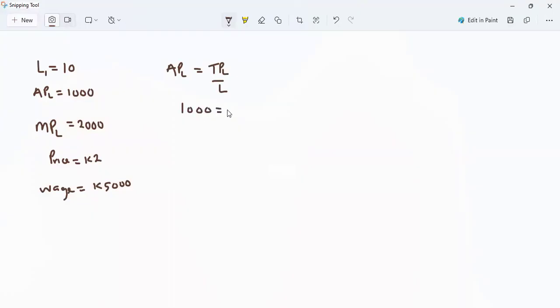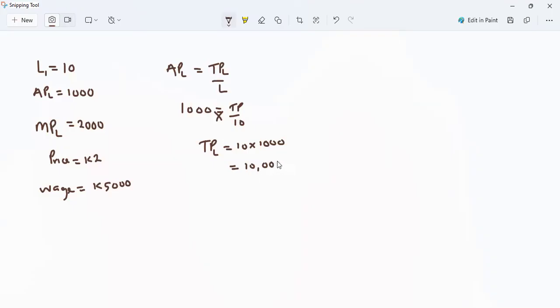We don't know the total product, but the number of laborers is 10. So when you cross multiply, the total product of labor is equal to 1,000 times 10. So the units they're producing is 10,000 when there are 10 of them.